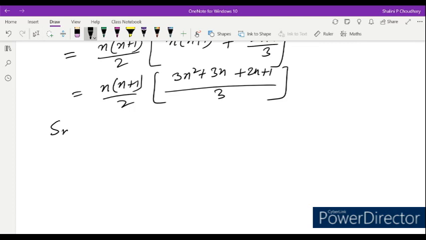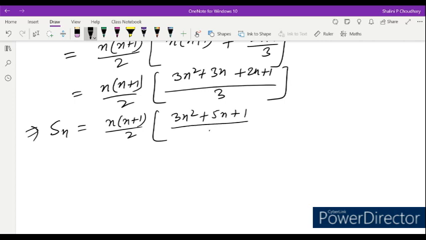So Sn will be equal to n into n plus 1 divided by 2, 3n square plus 5n plus 1 divided by 3. Now we'll break this one. Okay, so how we can break? We won't be able to break this.